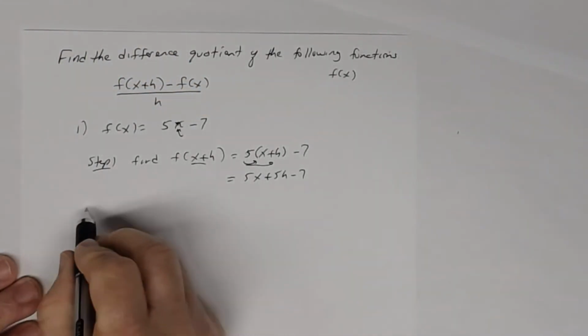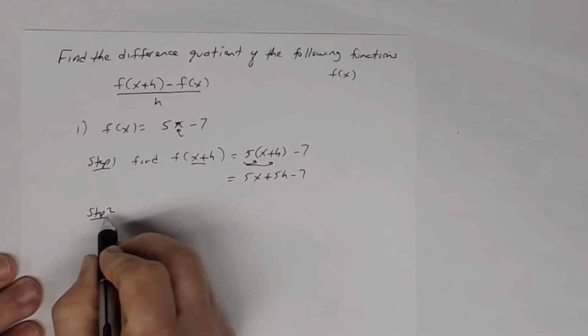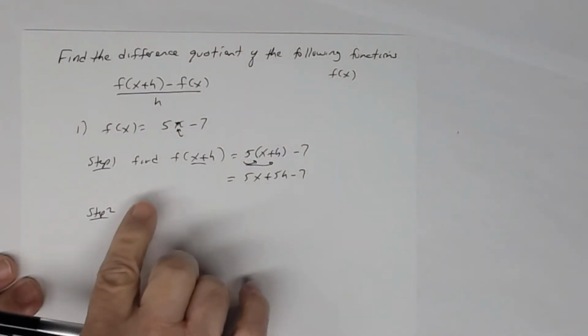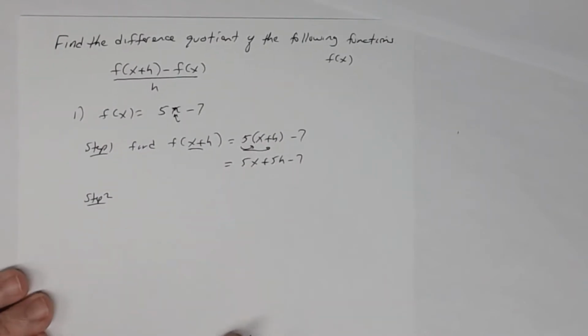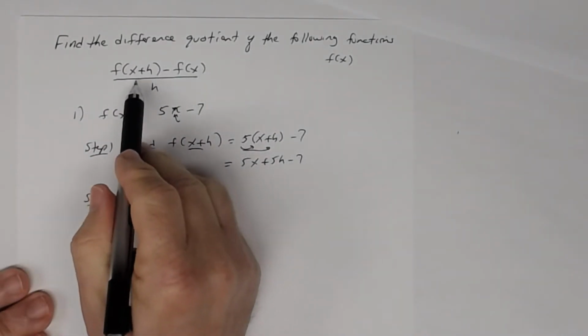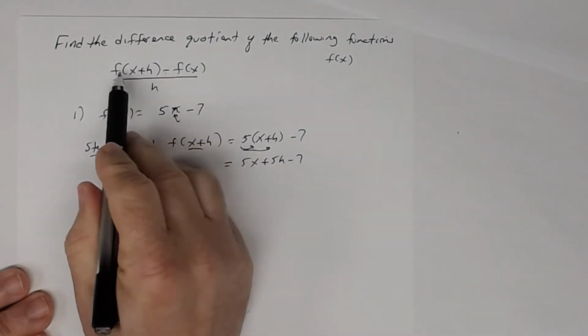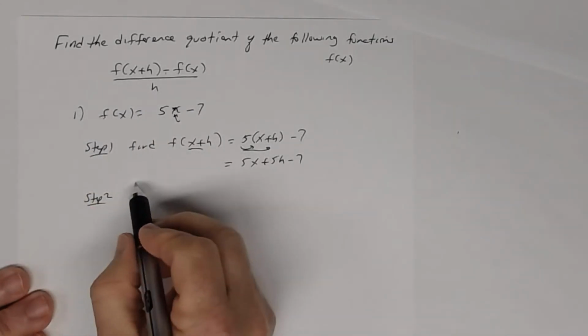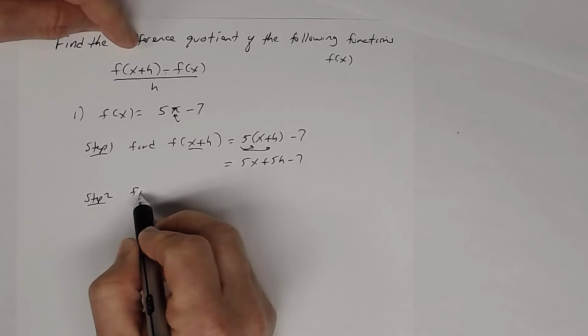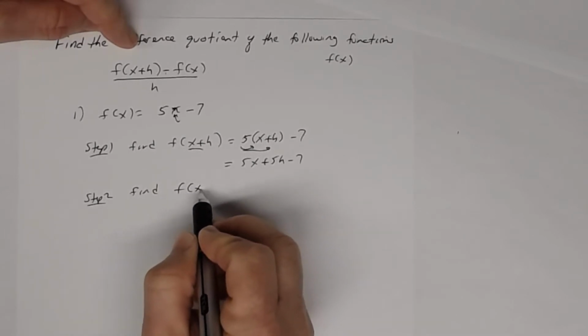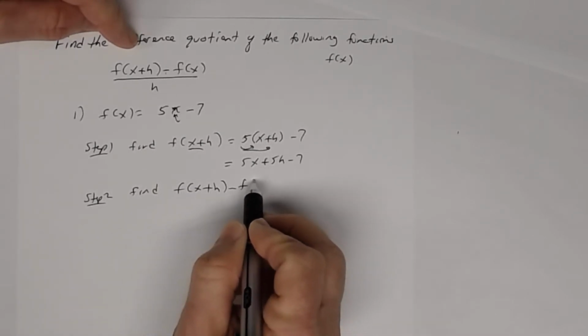Okay? Step two. A lot of students like to do this in steps because it breaks down what they need to do. So step two is to now subtract f of x from what you just found. Step two says, let's find that numerator. So step two will be find f of x plus h minus f of x.